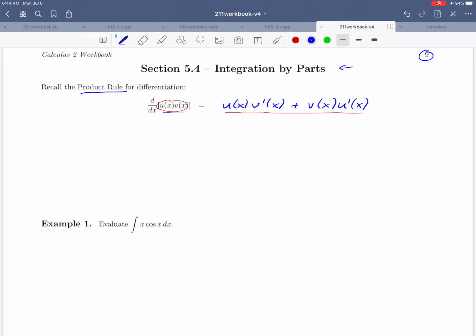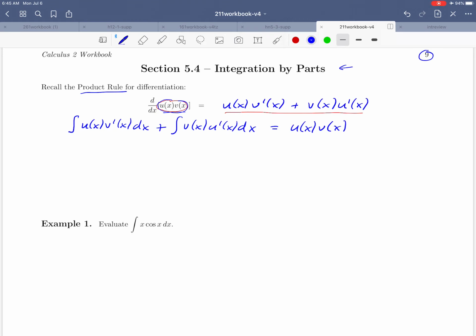So if we take the antiderivative of the part on the right, we're going to get integrals of those two functions. And those integrals should take us right back to the function that we started with, u of x times v of x.